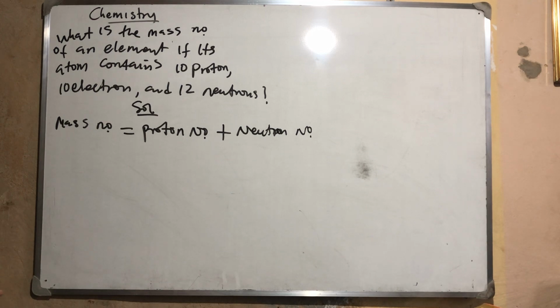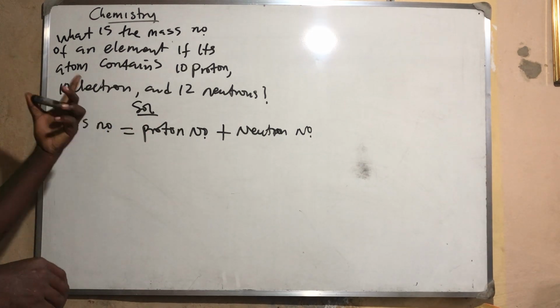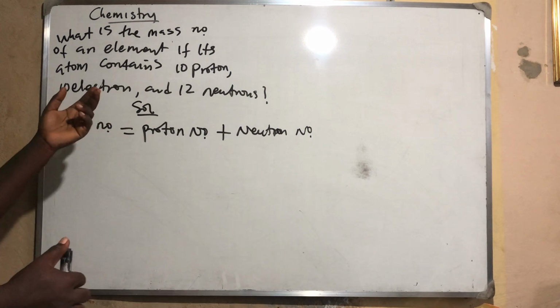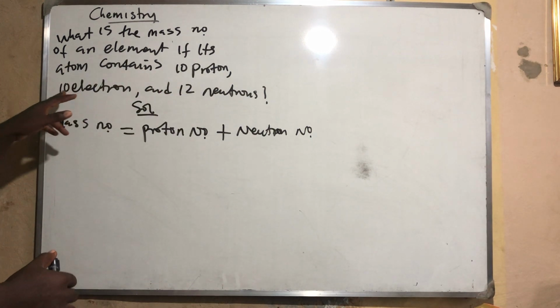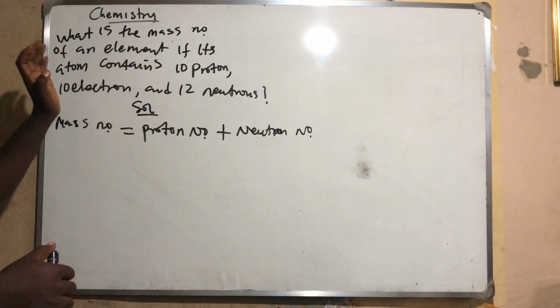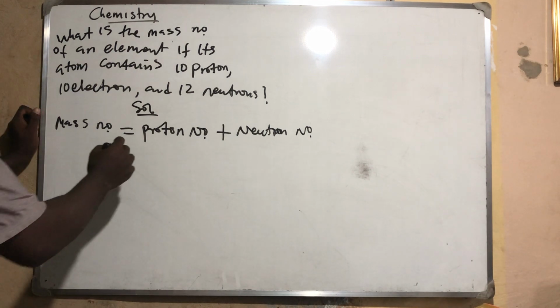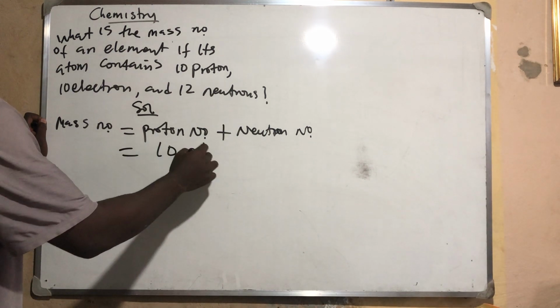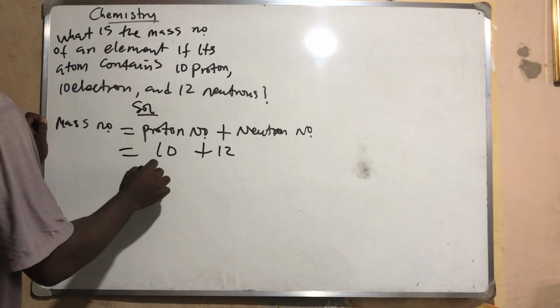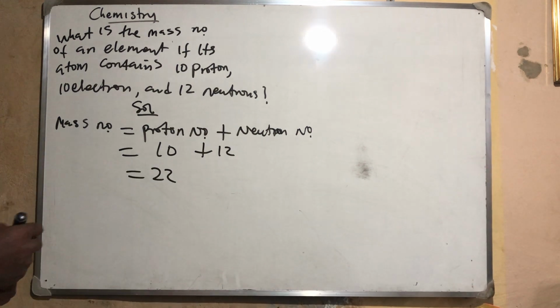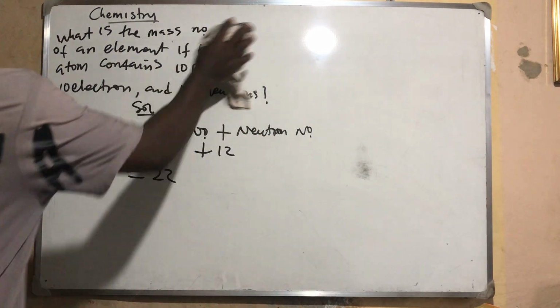But if it's a normal atom, the number of protons is the same as the number of electrons. As you can see here, the number of protons is 10 and the number of electrons is 10. So this is a normal atom, so anyone you like is okay. So my answer is 10 plus 12, which is 22. So it has a mass number of 22.